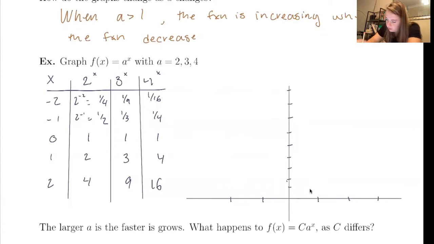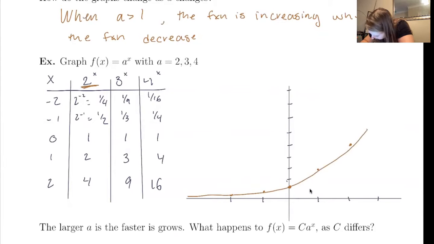Okay. So let's do 2 to the x in orange. So I'm going to start at 1, 1/2, 1/4, and then 2, and then 4, it's right about there. Kind of like there, right?